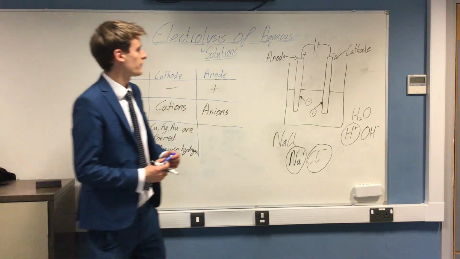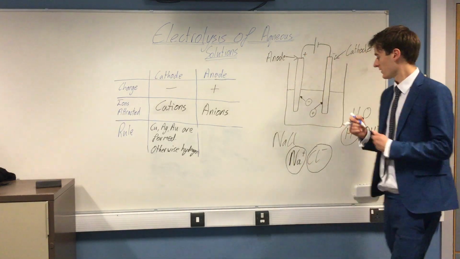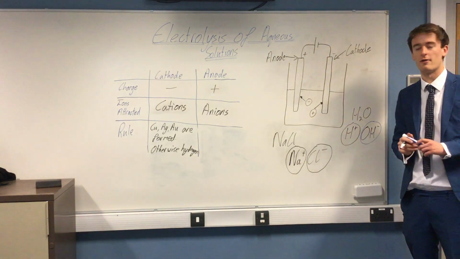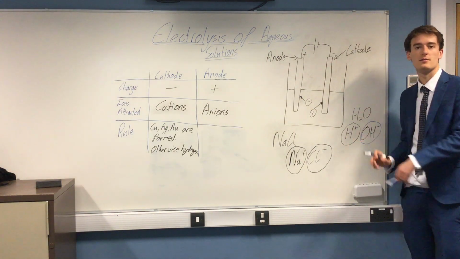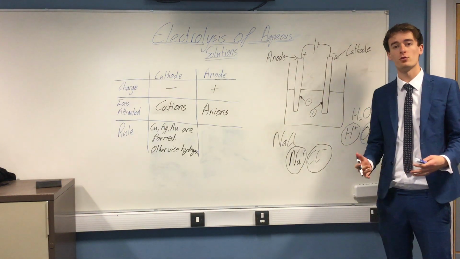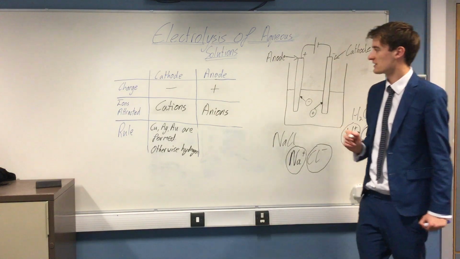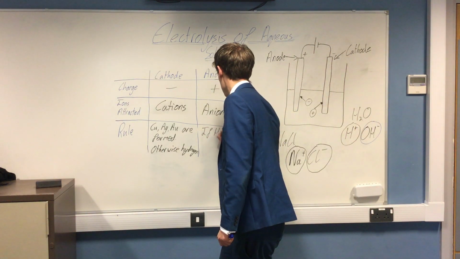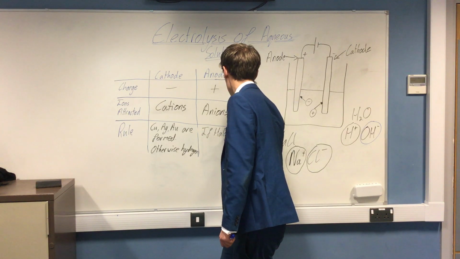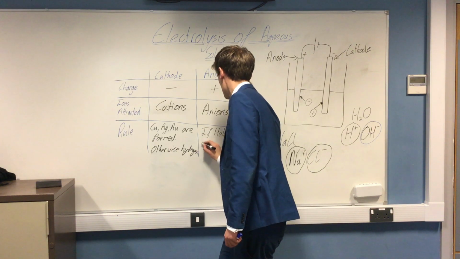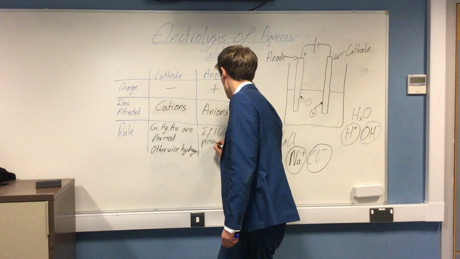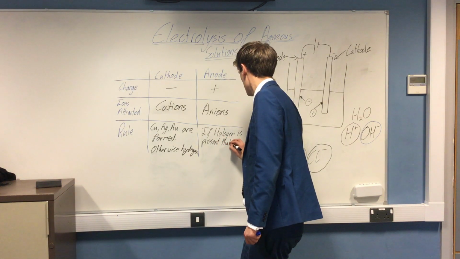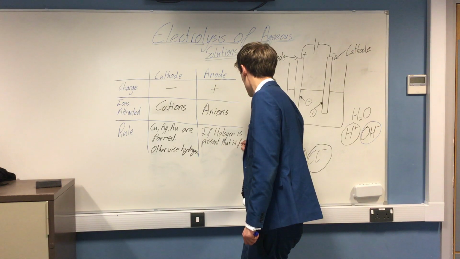Likewise, there's a problem at the anode. We have this Cl minus, and we also have OH minus. Again, thankfully, there's a rule that you need to learn, which is that at the anode, if a halogen is present, that is formed.